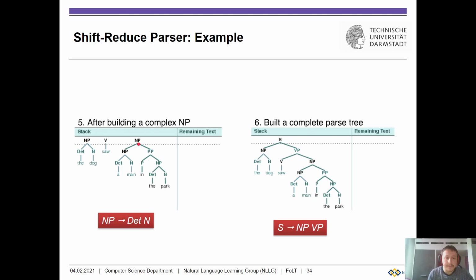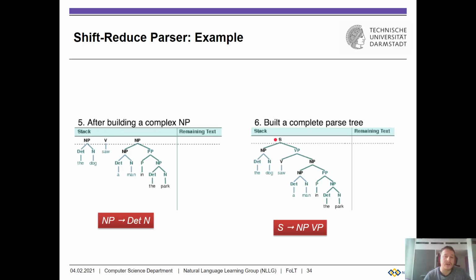And we're going to combine verb and noun phrase to a verb phrase. Then we're going to combine this verb phrase and the noun phrase to another verb phrase. And then finally we have NP VP left. And we're going to combine everything to S, and we have successfully parsed the tree.